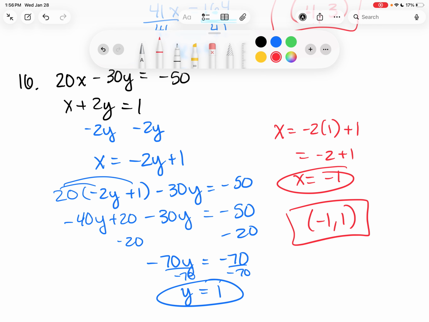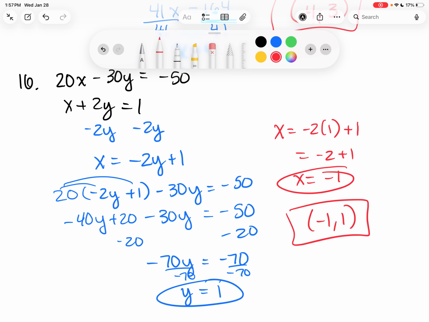All right, so we got x by itself first. So when I did that, I subtracted the 2y, so I had x equals negative 2y plus 1. And then I took that and I plugged that in for x into the first equation. And so when I did that, I ended up with 20 times negative 2y plus 1, and then minus 30y equals negative 50. I distributed to get negative 40y plus 20 minus 30y equals negative 50.